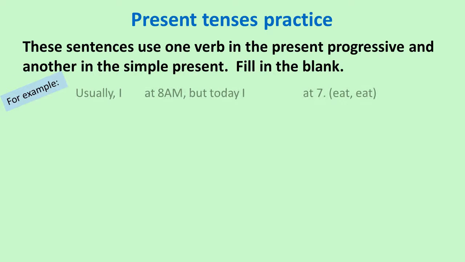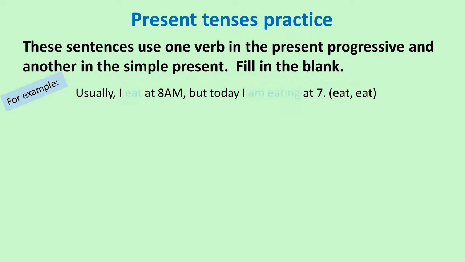For example, usually I blank at 8 a.m., but today I blank at 7. And so you would need to figure out which of those blanks should be filled in with eat using the simple present, and which should be filled in with am eating, which is, of course, the present progressive.